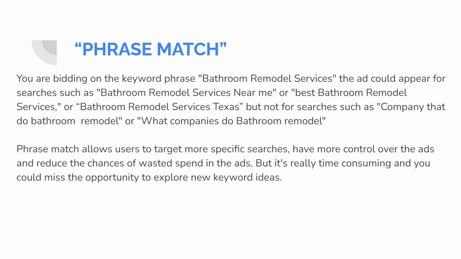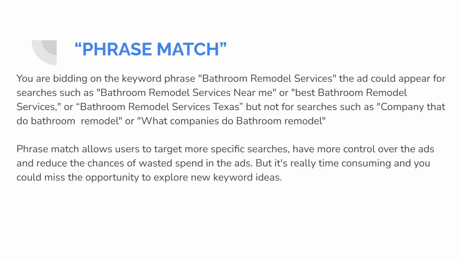But this is not going to trigger searches such as "company that do bathroom remodel" or "what companies do bathroom remodel," because the intent might be the same but the phrase is not matching right over here. So phrase match actually allows users to target more specific searches, have more control over the ads, and reduce the chances of wasted ad spend in the ads.